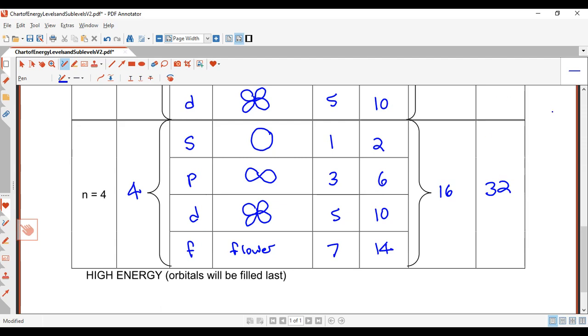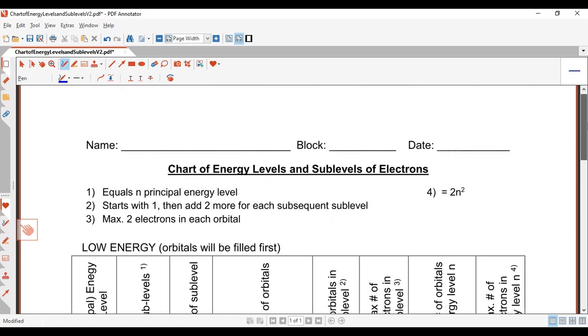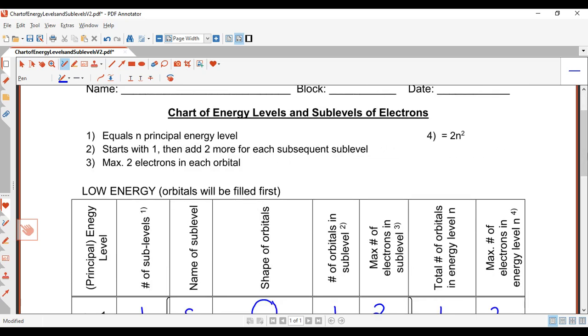Okay, so I want you guys to understand what the different quantum numbers stand for, what they mean. I want you to also understand that the shapes of the orbitals that we see has been predicted by using Schrodinger's wave equation. And then next, we're going to start going over electron configurations.